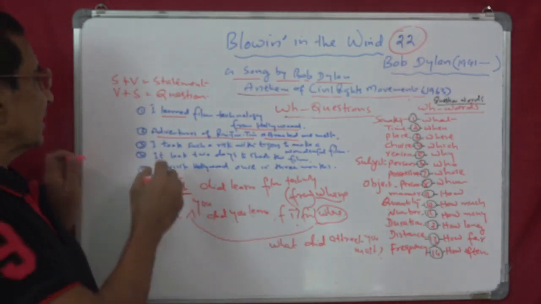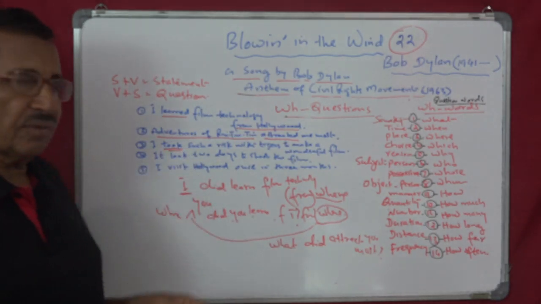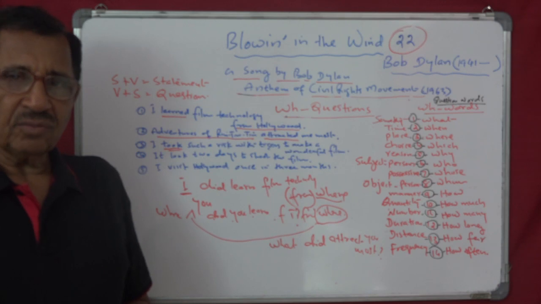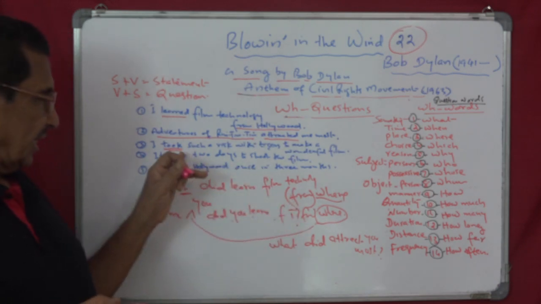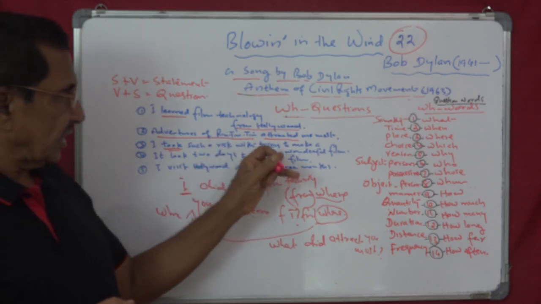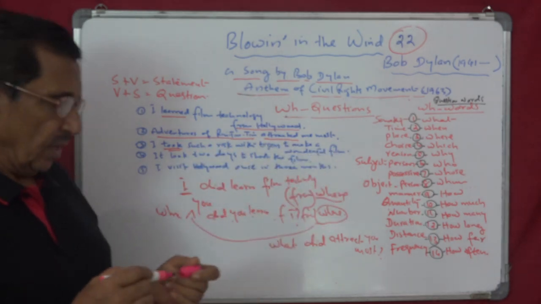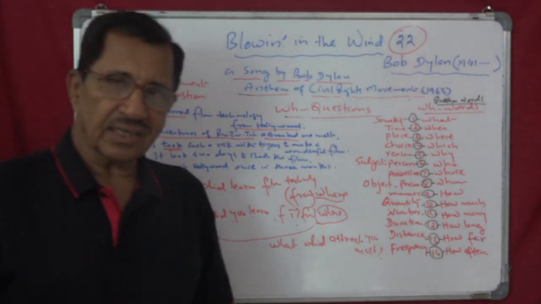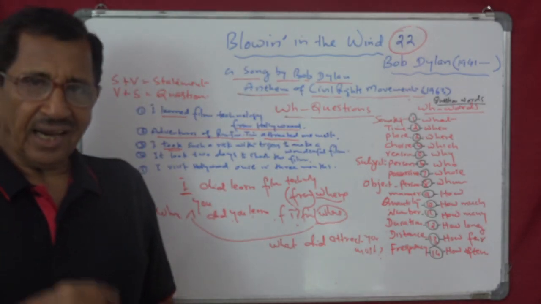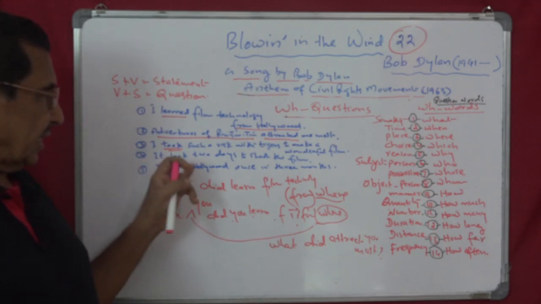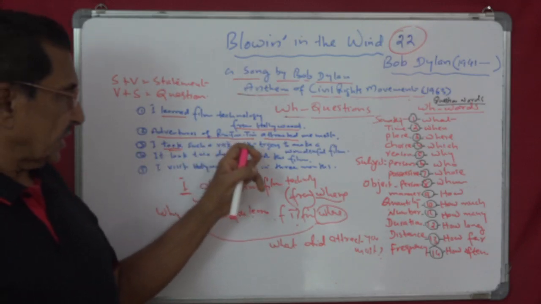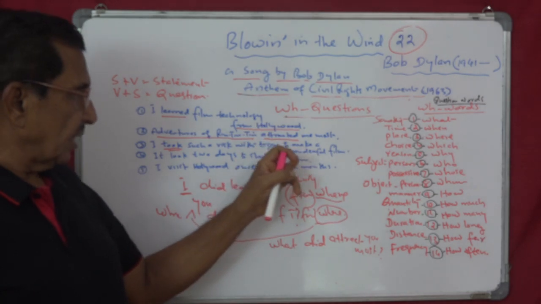Look at the third sentence. I took. Again single word. So what will you do? I did take such a risk with Tigers to make a wonderful film. What answer do you want to get? I took will become did take.